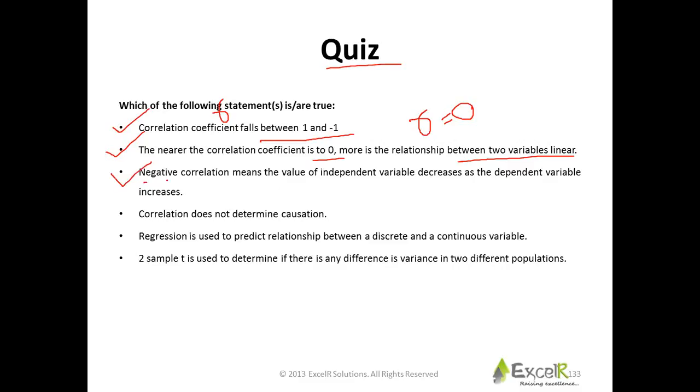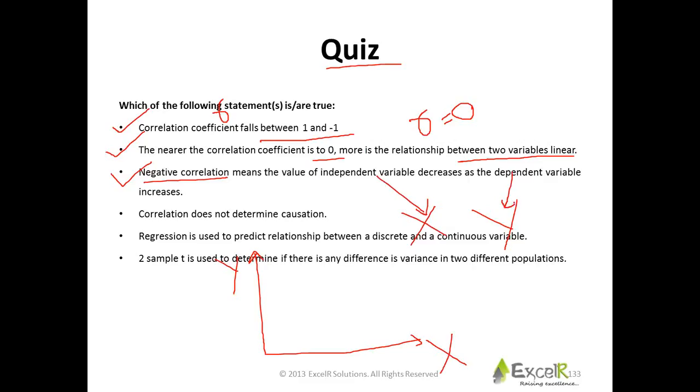All right, let's look into negative correlation. Negative correlation means the value of the independent variable, that is x, decreases as the dependent variable increases. So just simply plot x and y. This is my y-axis, this is my x-axis. Independent variable is x, always. Another name for x is independent.